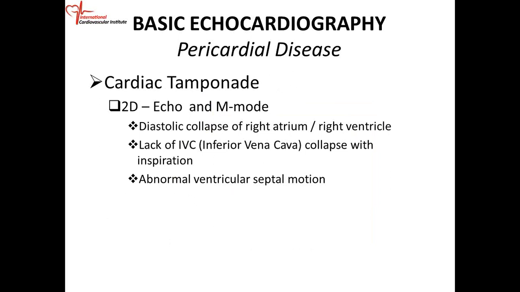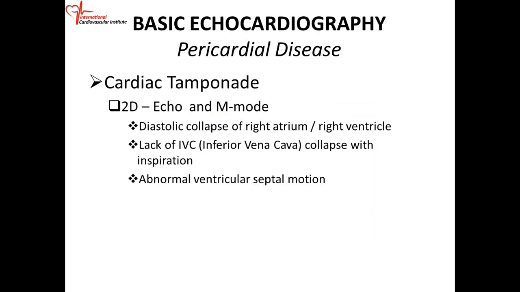So when you take a deep breath in, you increase the blood flow into the right ventricle. But the right ventricle cannot expand anymore because of the fluid. So the ventricular septum shifts towards the left, to accommodate the increased blood in the right ventricle in inspiration.